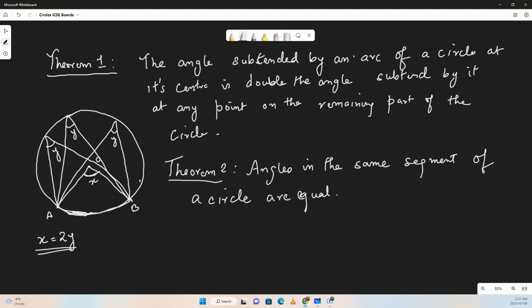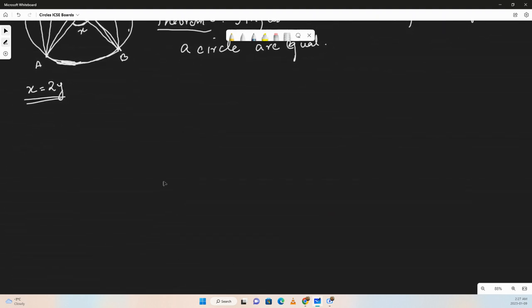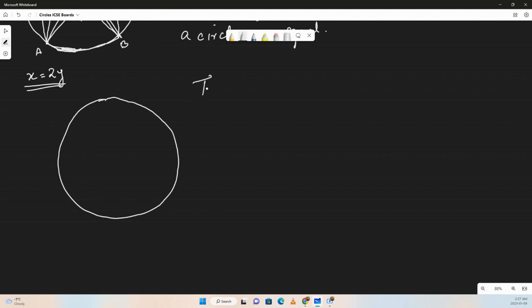Theorem 3 also comes from a very similar concept and the same principle. So let us first discuss that. Let's say we have a circle up here, and let me write down theorem 3. What does it say?